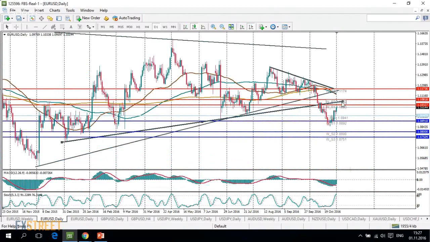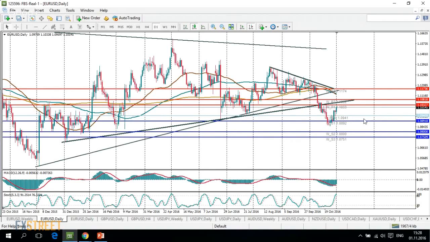We have the same resistance line here, and also we have an indicator called weekly pivot point. This indicator is very valuable with the weekly forecast. And we can see the blue line, which is located at 1.0940.